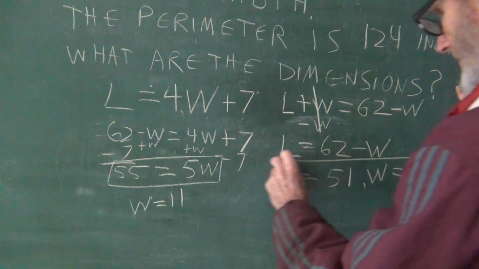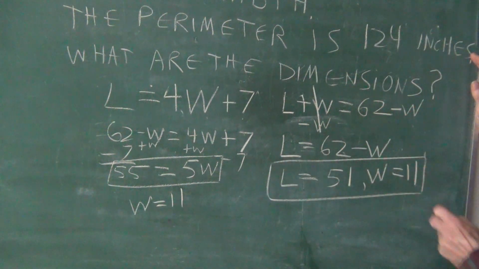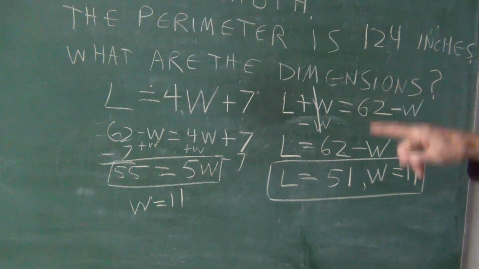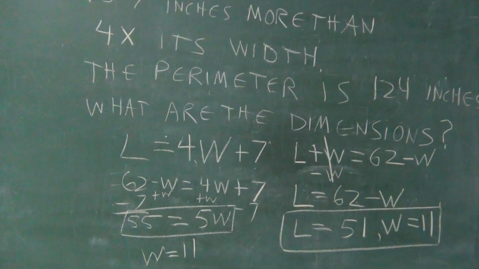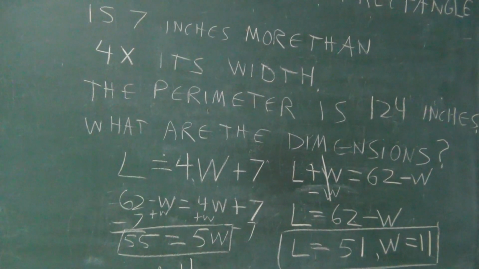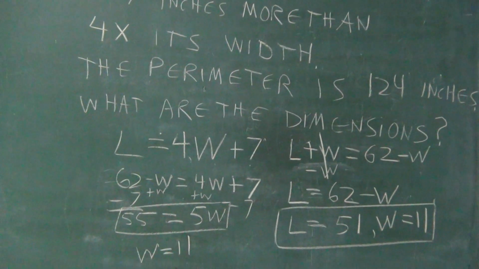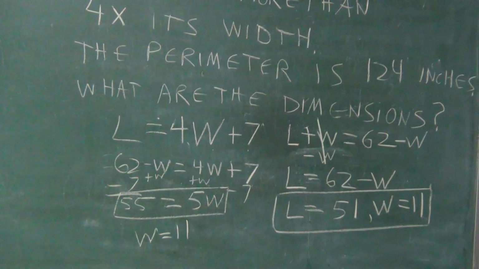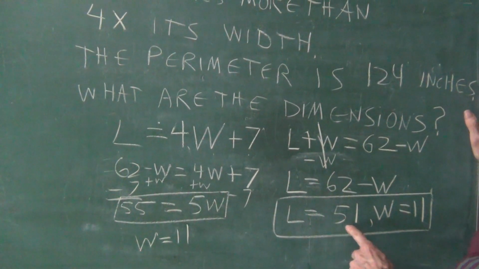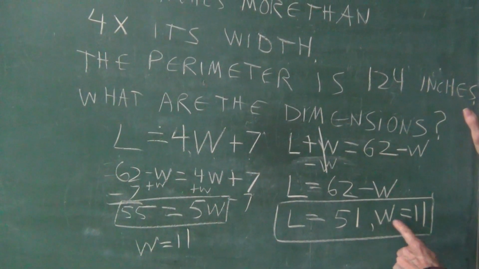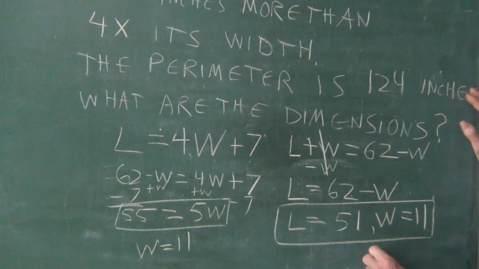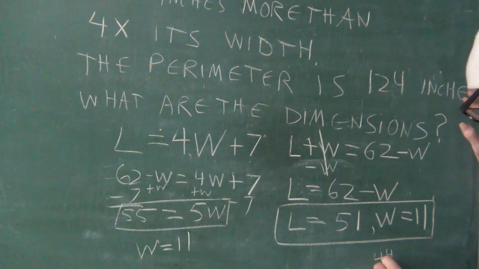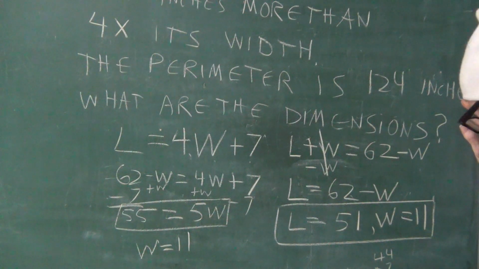Now, put a big box around it, but let's just check and make sure here. So first of all, the length of a rectangle is 7 inches more than 4 times its width. Okay, well, let's check that out. 7 inches more than 4 times its width? Well, 4 times its width would be 44. 44 plus 7 equals 51.